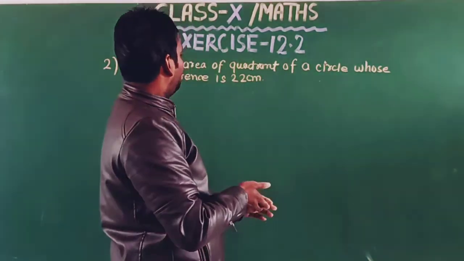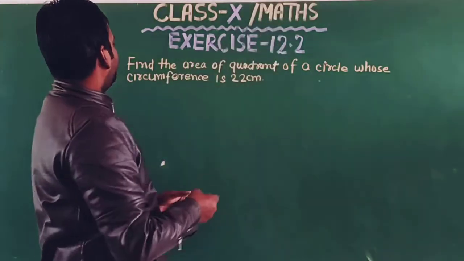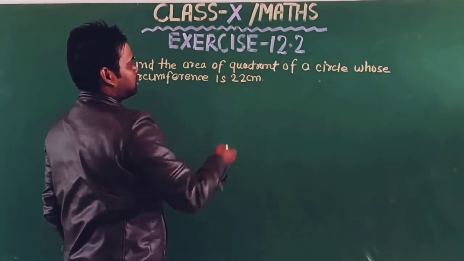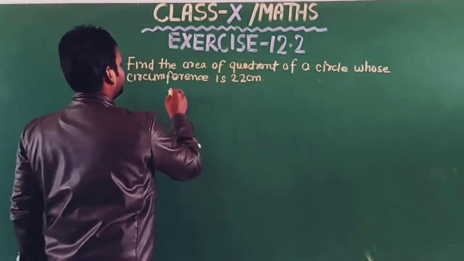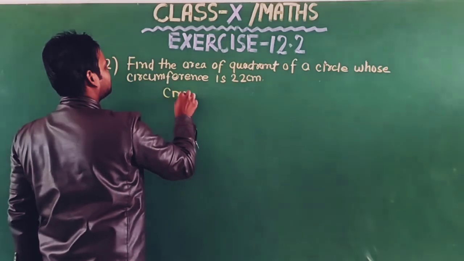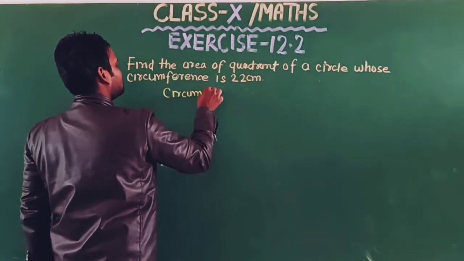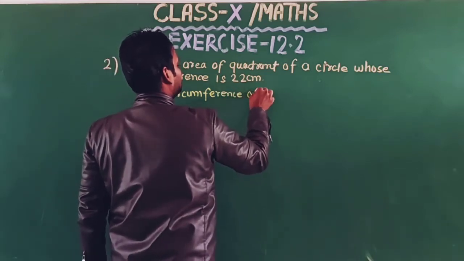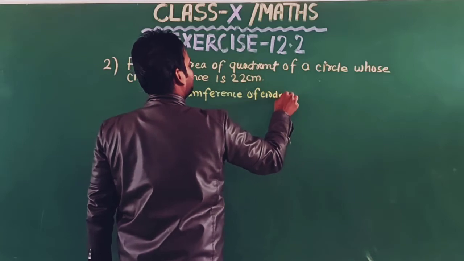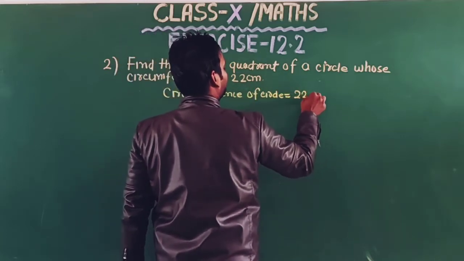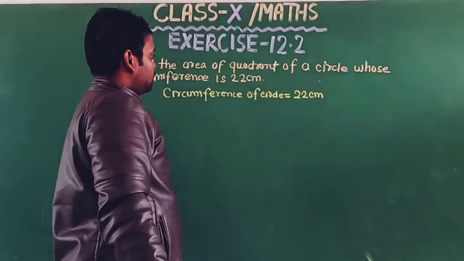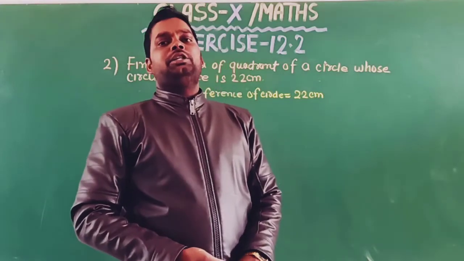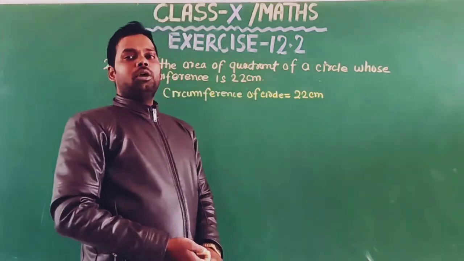So in this question we are given the circumference of a circle which is equal to 22 centimeter, and we know the formula of circumference of a circle, which is equal to 2 pi r.